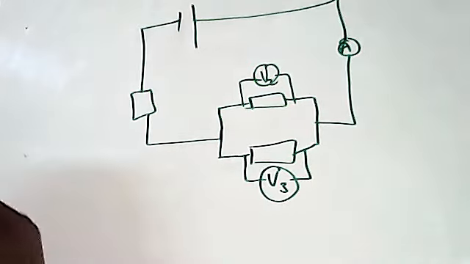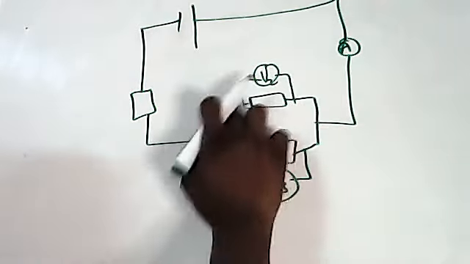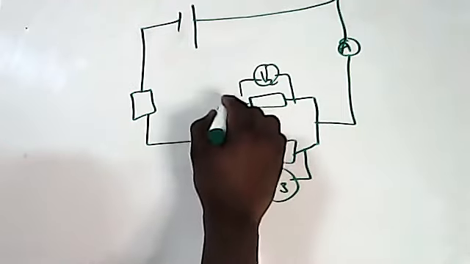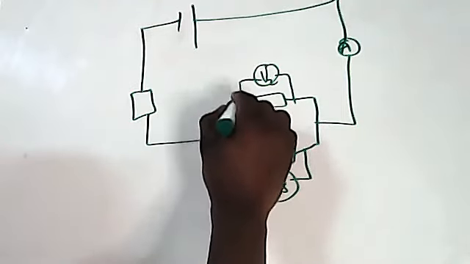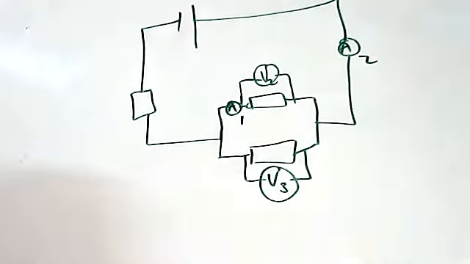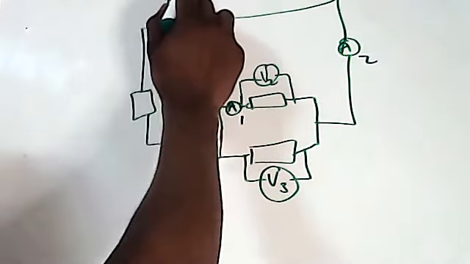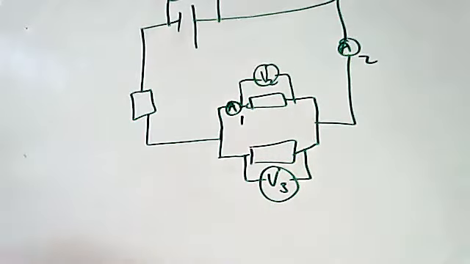And let's say here we have another ammeter, right? We call this one 1, we call that one 2, right? And then we have voltage 1 there, right? We have something like this.